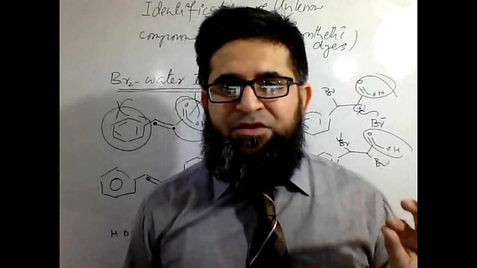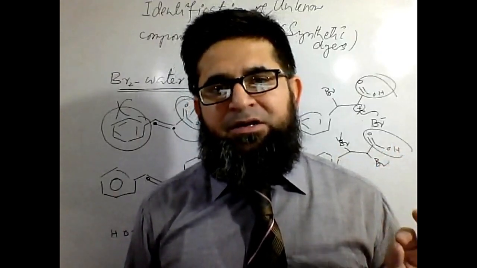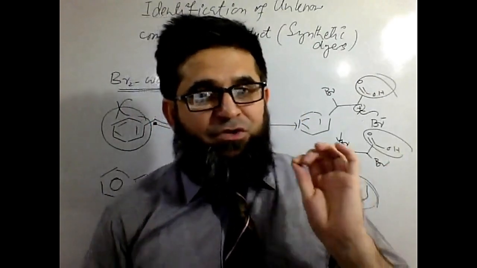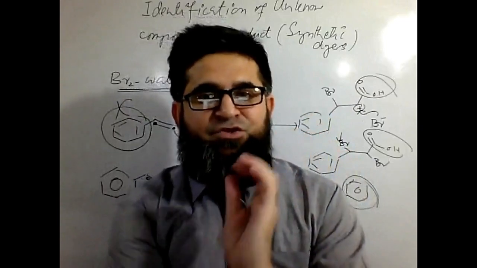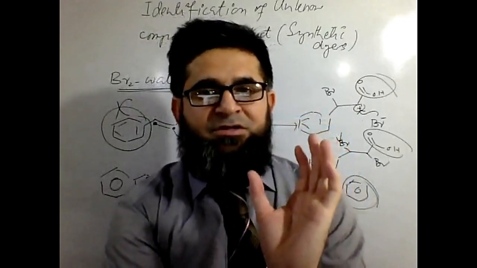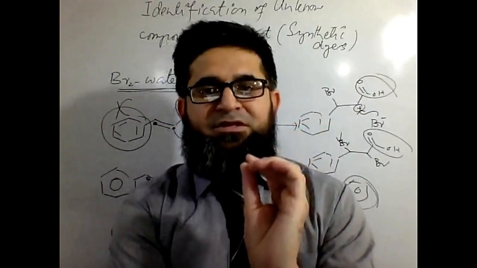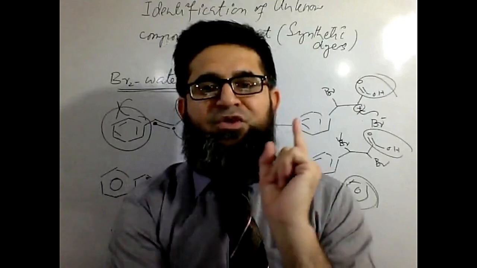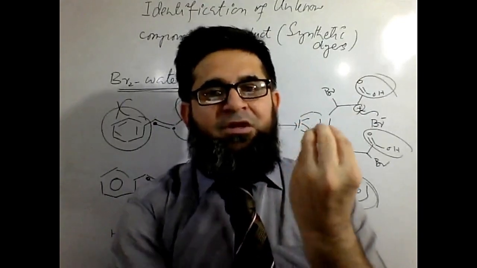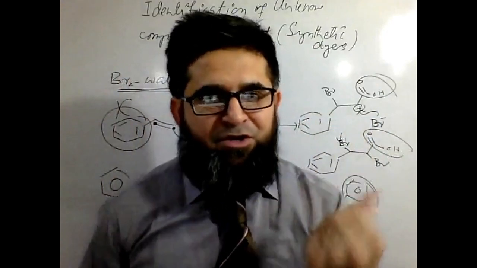The rest of the functionality remains silent. They are unreactive. They don't participate in the reactions. As they don't participate in the reaction, we can't confirm their presence in the molecules. That's why we need other confirmatory tests to confirm their presence in the molecules.